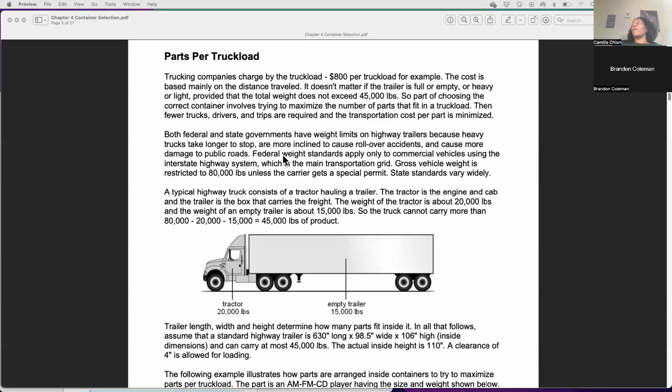So again, I mentioned that this truckload cost in most cases is based on how much distance is traveled. But I've seen automotive companies where the supply chain team and purchasing use companies that will broker out the trailers.